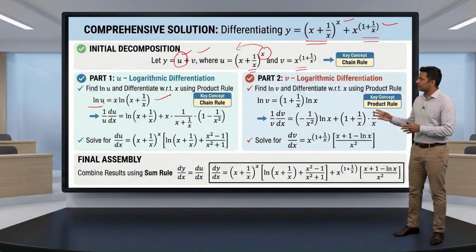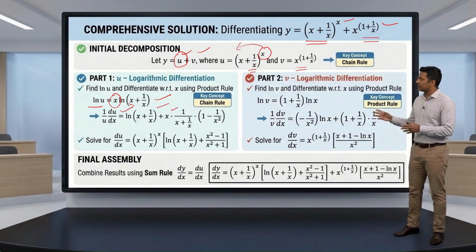Differentiation of log u is 1 by u, times du by dx. Next, differentiation of x is 1, then this second function as it is, ln of (x plus 1 by x). Afterwards I keep x as it is and differentiate ln of (x plus 1 by x).